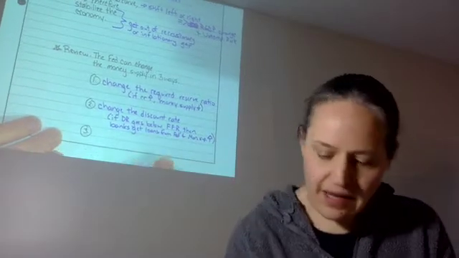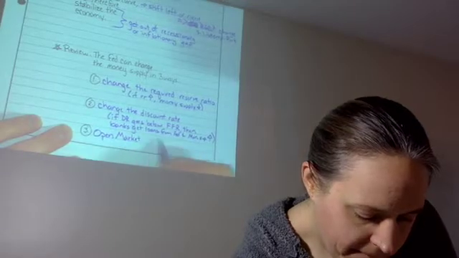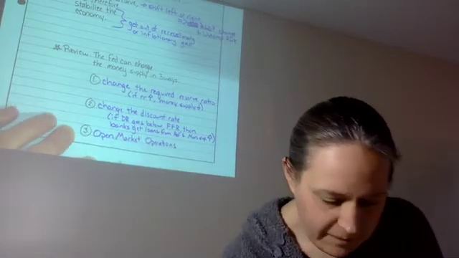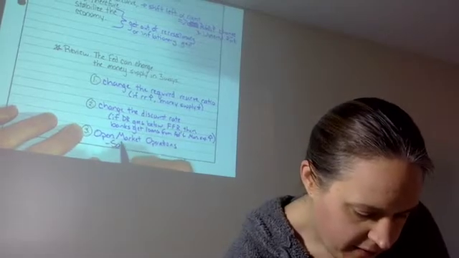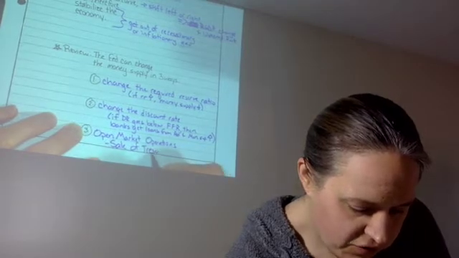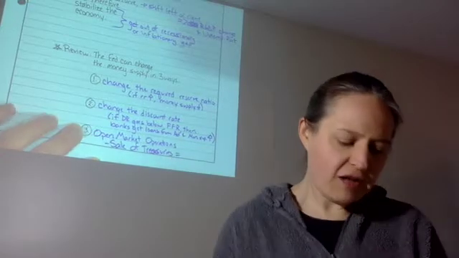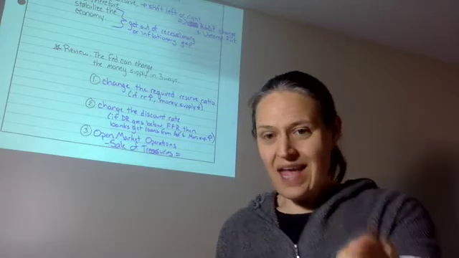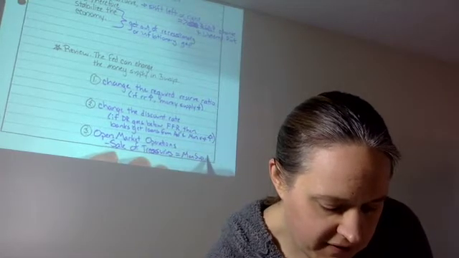And then number 3 is open market operations. Just a little reminder of what that means: the sale and purchases of treasuries. So, sale of treasuries. If the Federal Reserve is selling a treasury, the bank gets the treasury and the Federal Reserve gets the money, which means that the money supply goes down.